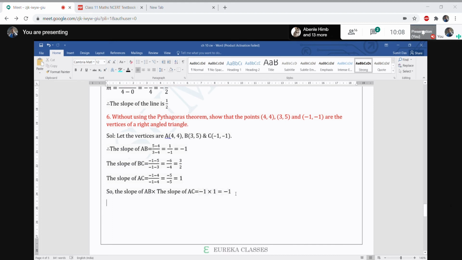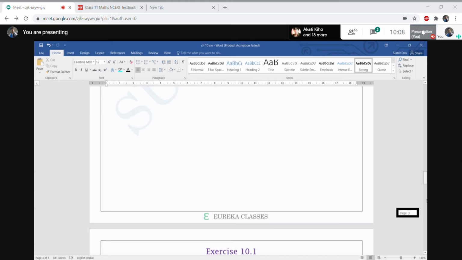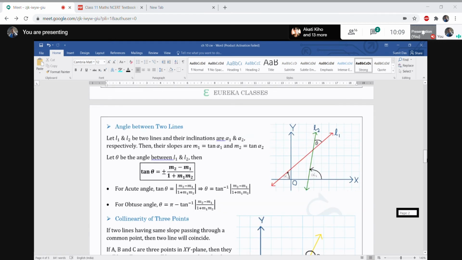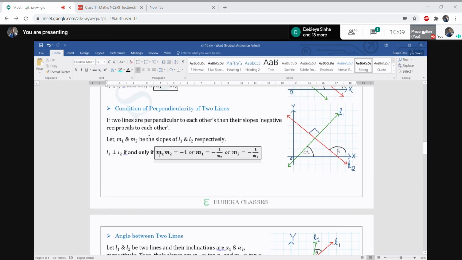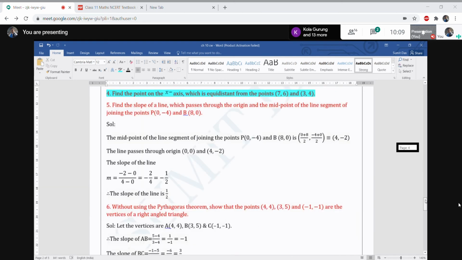Okay, if you remember the perpendicularity rule, what rule did we learn? That the product of the slopes will be minus 1. So these two lines are perpendicular.